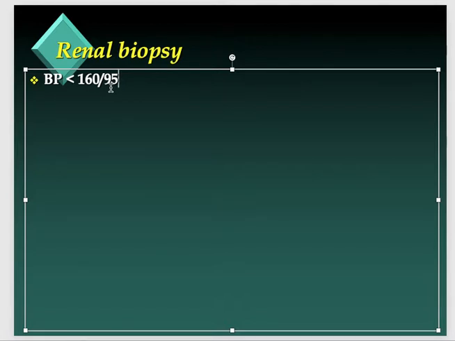You have to follow them. The Hb should be greater than 9, and one very important thing, the platelet count should be greater than 100 in order to proceed for renal biopsy, and the clotting profile should be done.